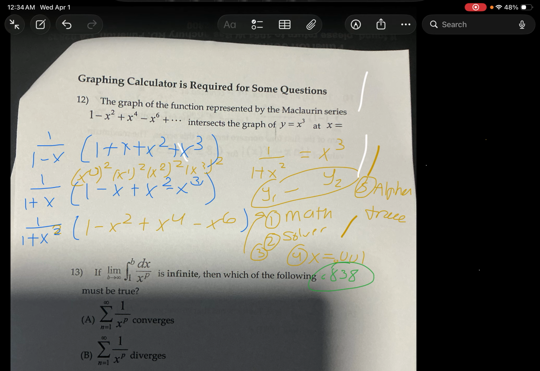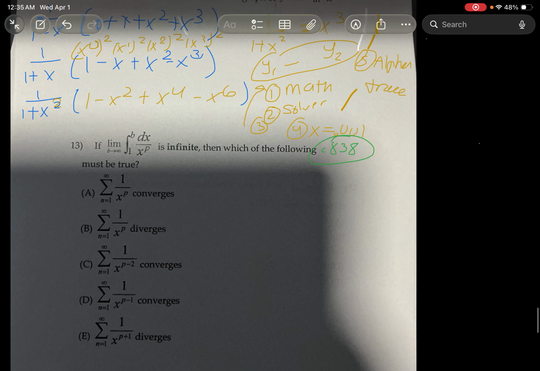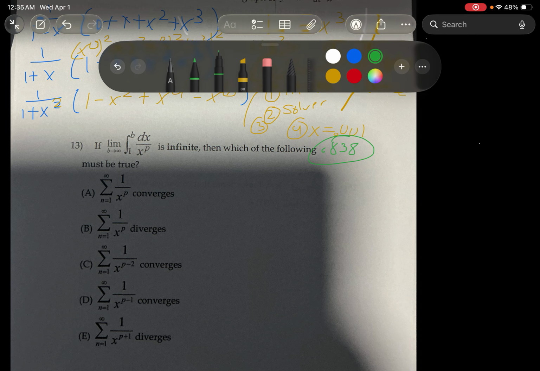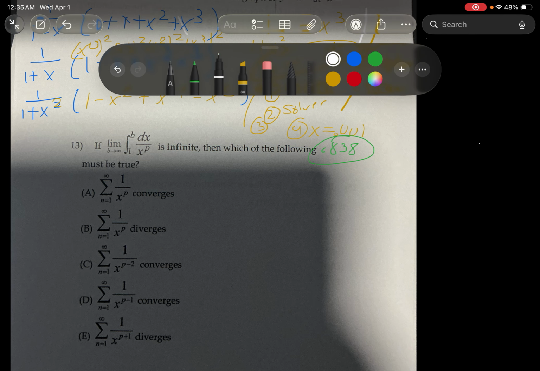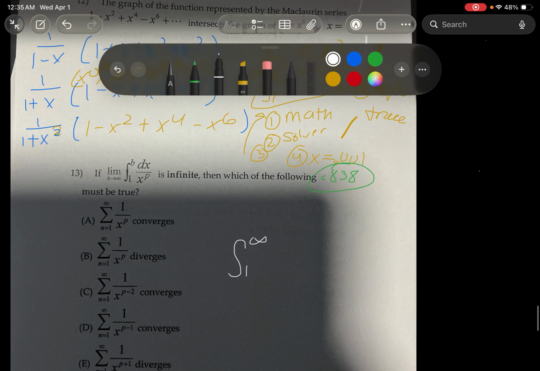Number 13. If the limit as b approaches infinity of the integral of dx over x to the p is infinite, then which of the following must be true? Well, since b is approaching infinity, we can technically rewrite this as the integral from 1 to infinity of 1 over x to the p dx.